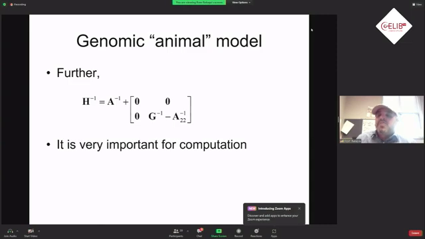Let me say, first of all, do you guys see the problem? That I could have an A-1 of millions by millions without problem, but I cannot have the inverse of G when I have a few thousand animals. Any guess? Why is that the case? You get 5 points in the homework or in the final exam.